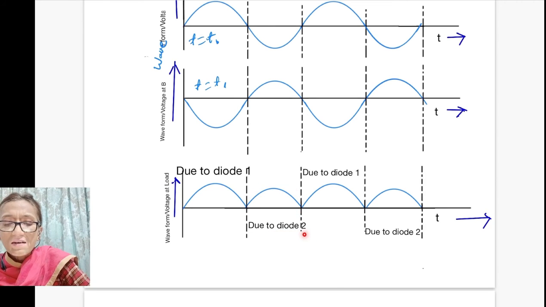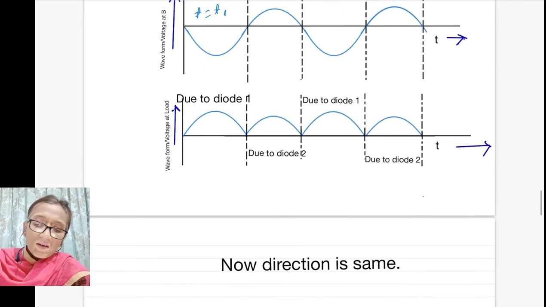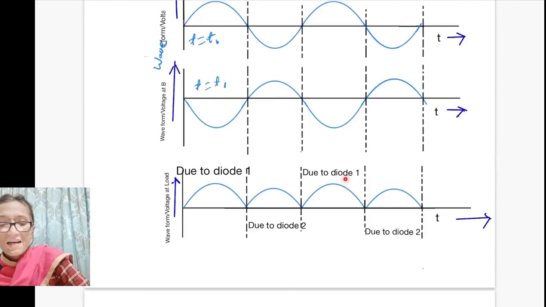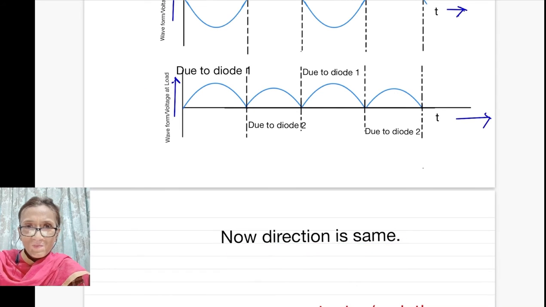Now you take the second time period and half of that second time period. Now voltage form will be due to your first diode and then due to the second diode. So you could see the direction is same. So this has changed to DC, halfway. Here you have the same direction.